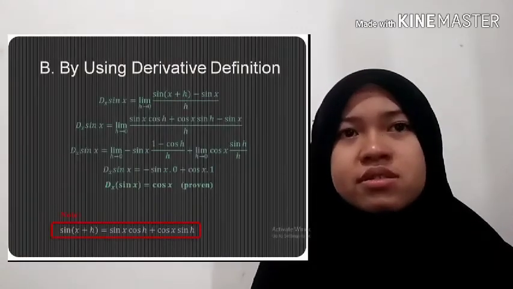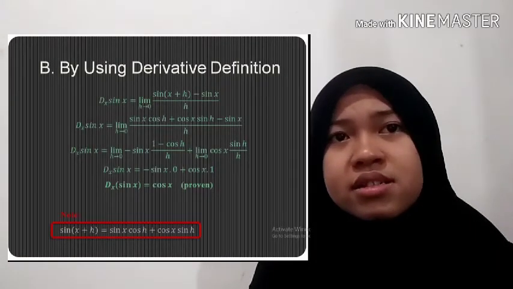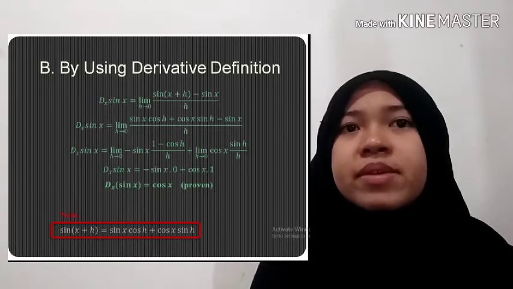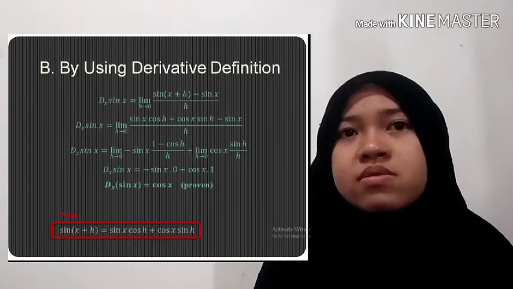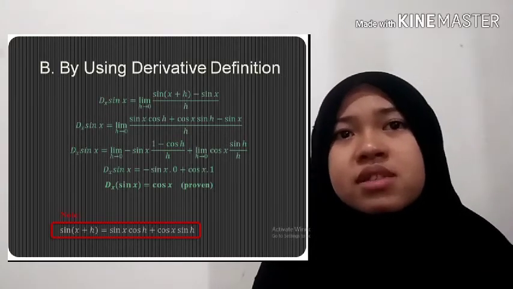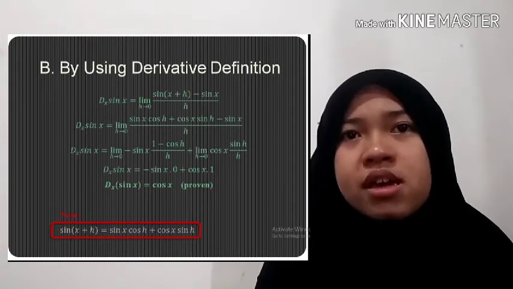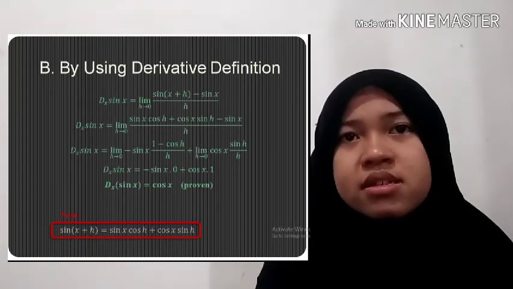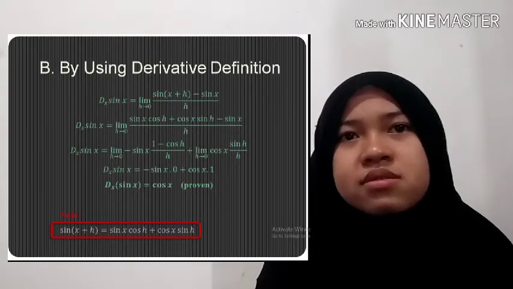Let's prove it by using the derivative definition. The derivative of sine x is equal to the limit as h approaches 0 of the function sine of (x plus h) minus sine x all over h.